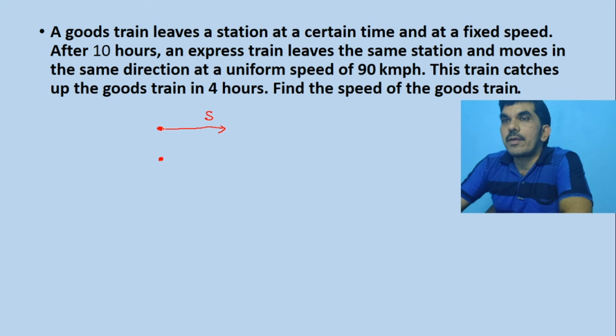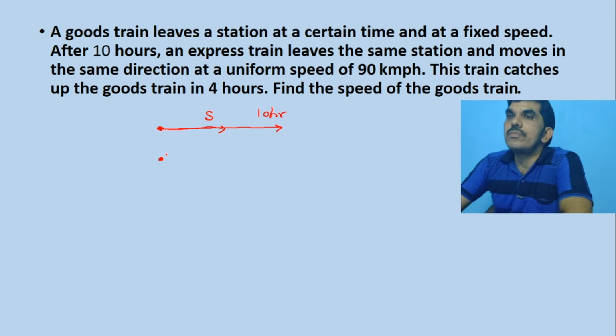By that time, the goods train has traveled a distance in 10 hours. So the goods train travels at a speed of s for 10 hours.